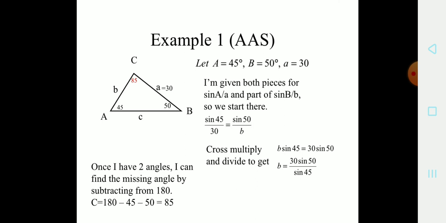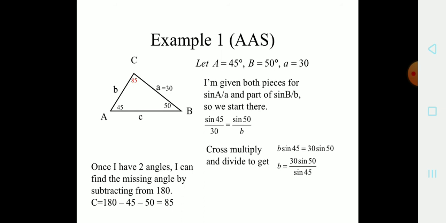So example number 1 is AAS. Let A equal 45 degrees, B equal 50 degrees, and a equal 30. Since we are given both a and sin A, and part of sin B over b, we start here: sin 45 over 30 equals sin 50 over b.